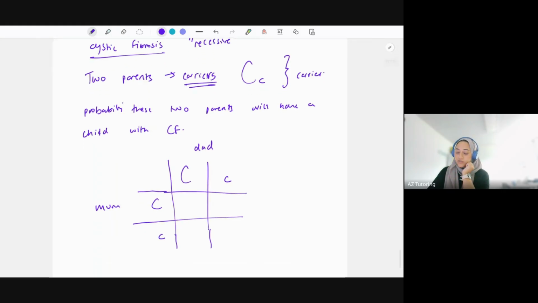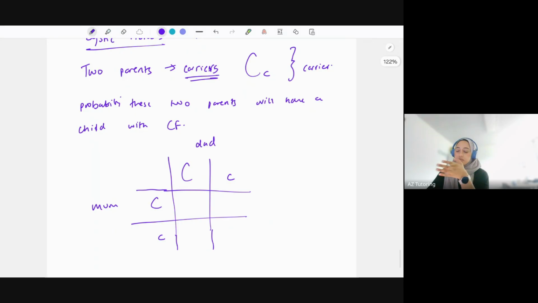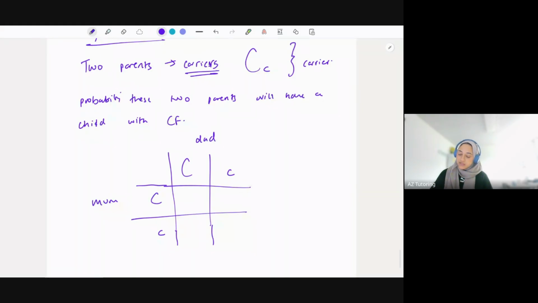If they ask you in the exam as well, like why do the parents not have cystic fibrosis? It's because they're just carriers. They need 2 recessive ones to have cystic fibrosis.